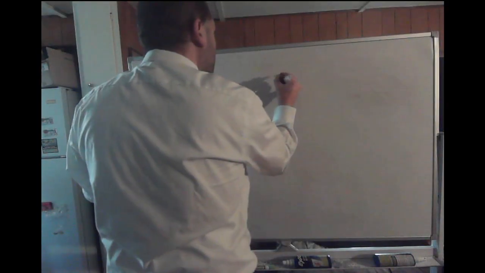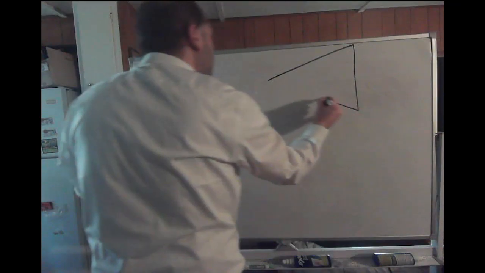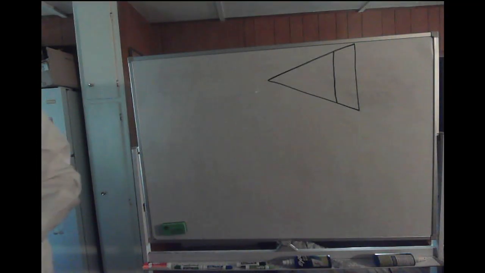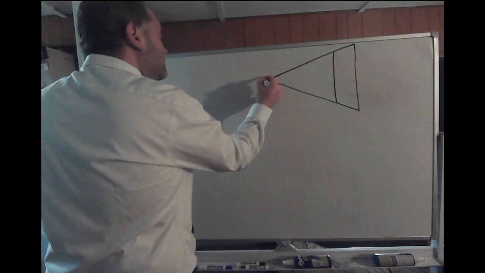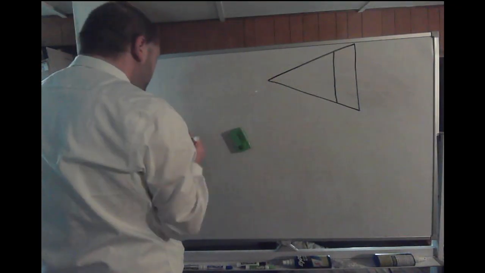Alright, what's next? What do they throw at us next? Oh, that's an interesting triangle. It's split into 2 triangles. What do they give us here? Actually, I like to write the vertices in black.